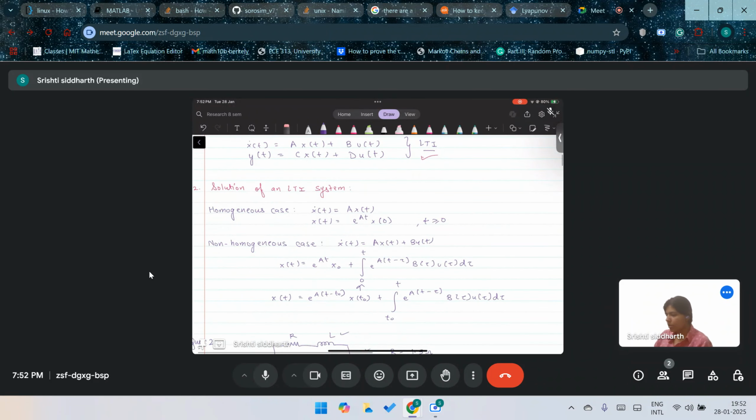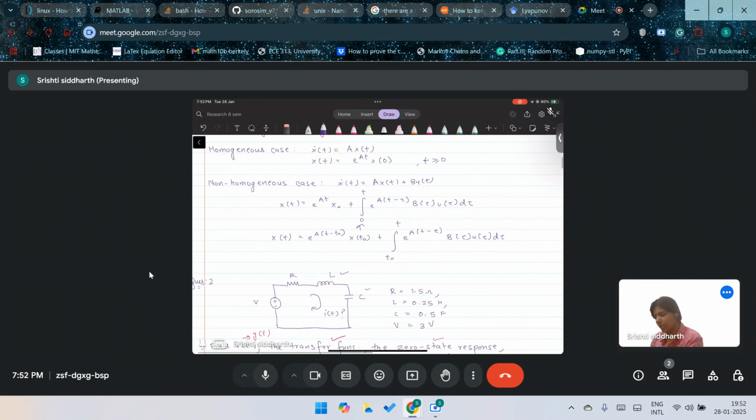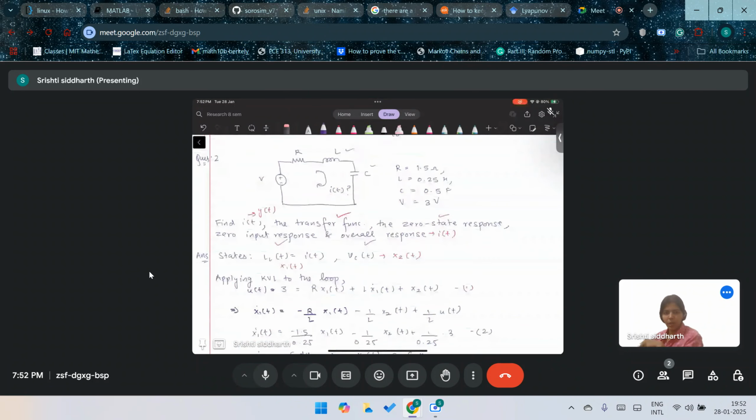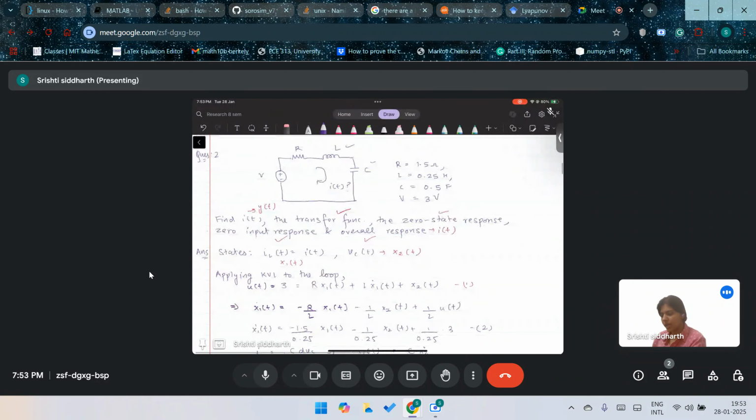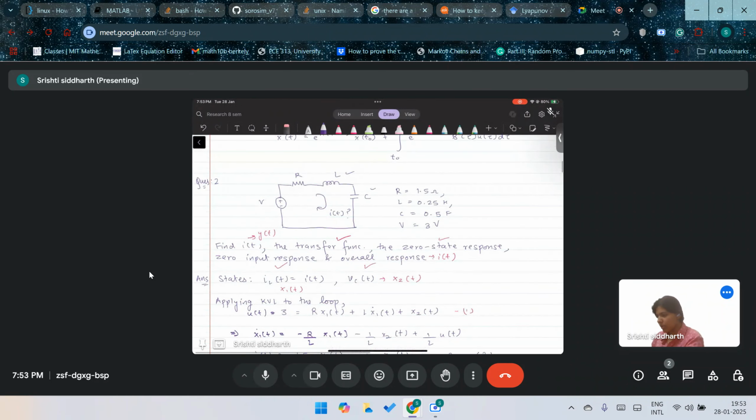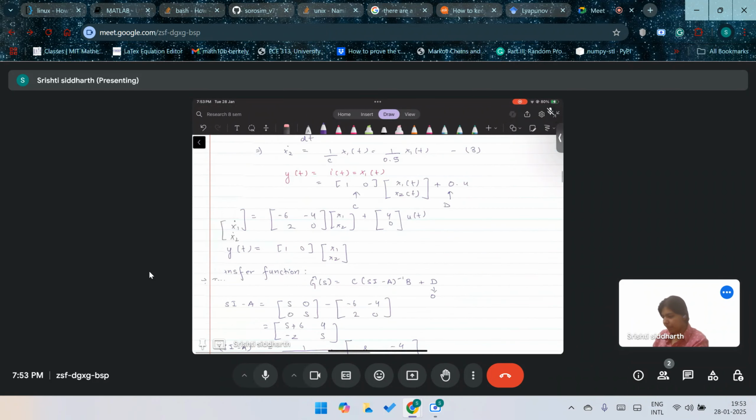After that, we looked at the solution of an LTI system for the homogeneous as well as the non-homogeneous case, and we found out various quantities for a very simple electrical circuit. So we had found the transfer function, the zero state response, the zero input response, and therefore the overall response. So this was an LTI system because the parameters R, L, and C were independent of time.